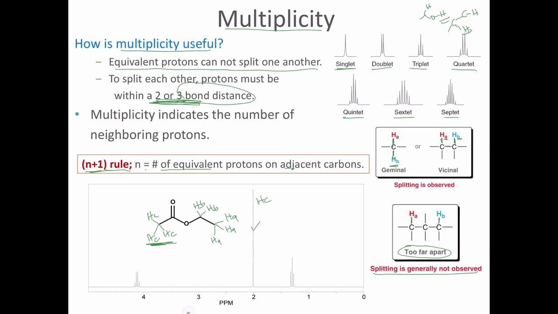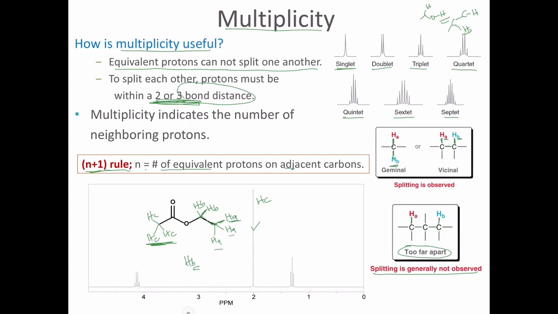Let us look at the HB. So this proton here is connected to a carbon which is connected to another carbon which is connected to the HAs. So that is 1, 2, 3. 3 bonds away, so splitting can occur. So according to the N+1 rule, if we are looking at the HB, HB is going to be split 1, 2, 3.